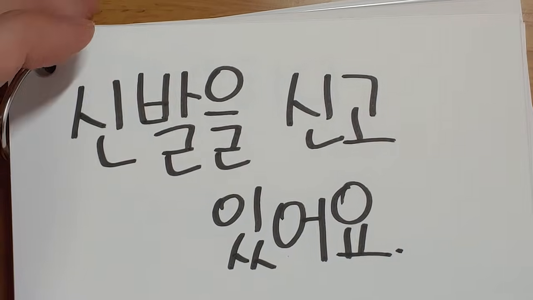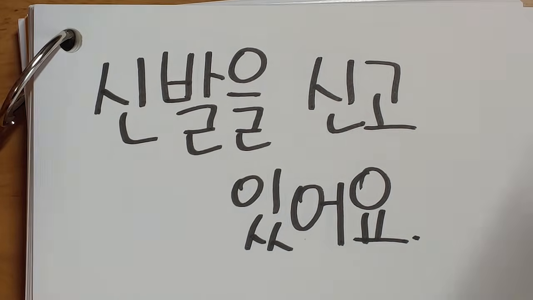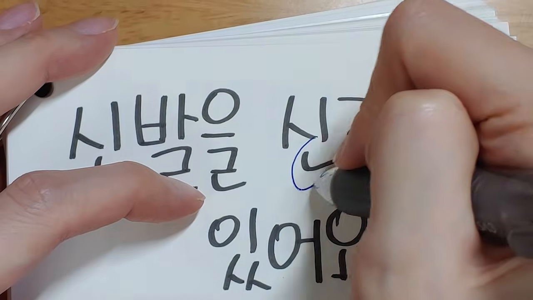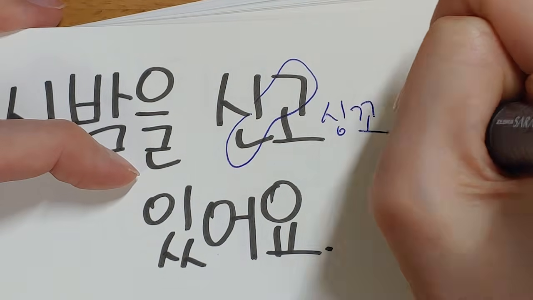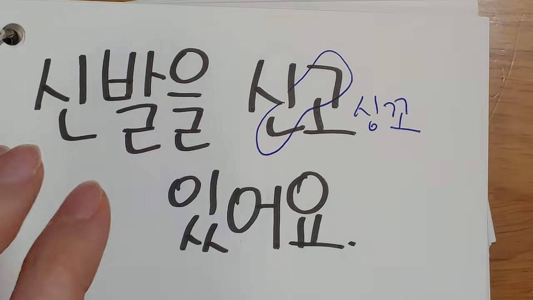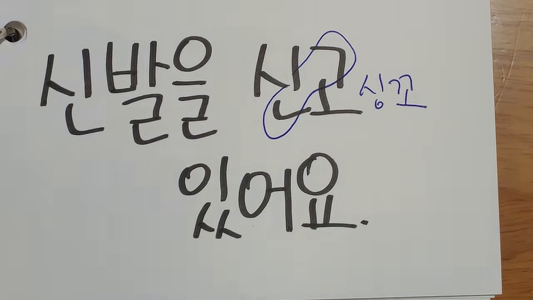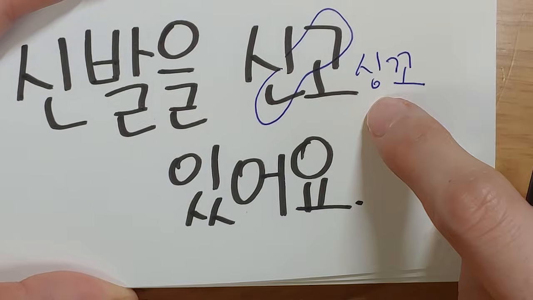그다음에 if you look at this sentence, 신발을 신고 있어요. Here I pronounce this part as 신고, right? You can say it the other way, and people will understand you, but the most natural sounding pronunciation is 신고.